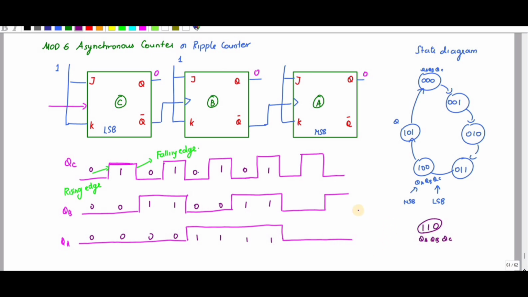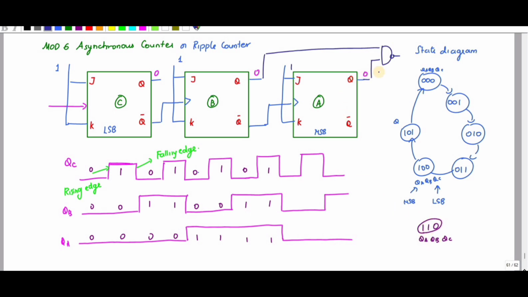So you take QA, where is QA? This is your QA, and you take QB. Okay, so give it to an AND gate. The reason I am taking only QA and QB is that for QA QB the value is 1 1.